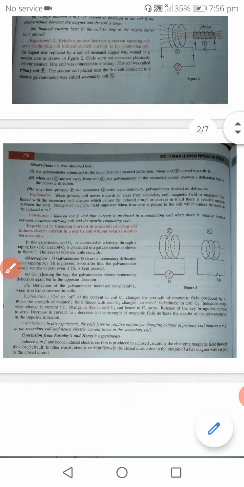See here also the same thing is happening. When this solenoid is either brought to this side or taken away, only then is current obtained. Means what? The flux linked with the coil is either increasing or decreasing.